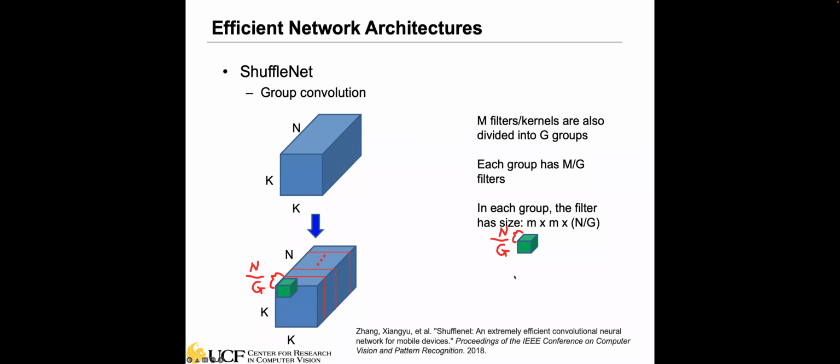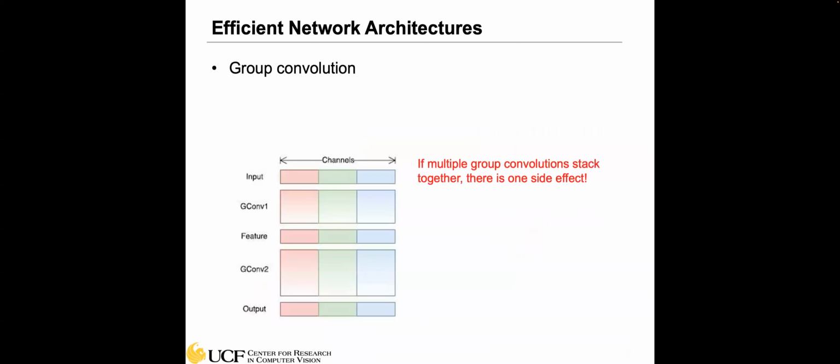So in this case, the number of operations can also be reduced. Here is a graphic illustration of how this group convolution works, right? You divide the total channels into a certain number of groups, and you do the convolution based on the group. Okay, so the red or pink, the green, and the light blue indicate 3 different groups.